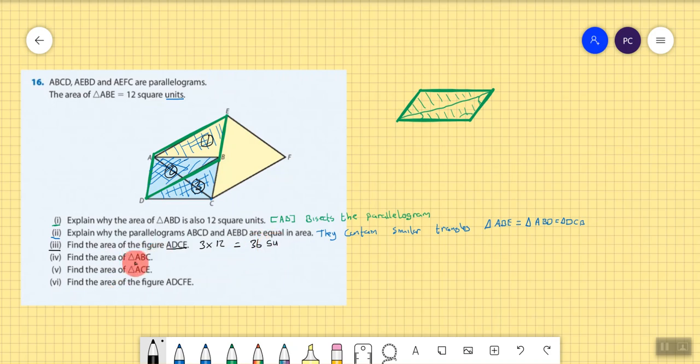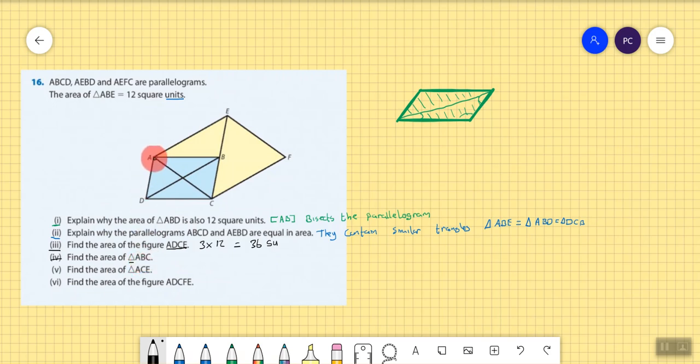Okay. The next part then, find the area of the triangle ABC. Let's just rub all this out so we can see what we're looking at. Let's get rid of this shape here as well. It's asking us to find the area of the triangle, and triangles have 3 points, ABC.